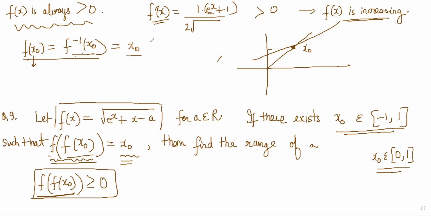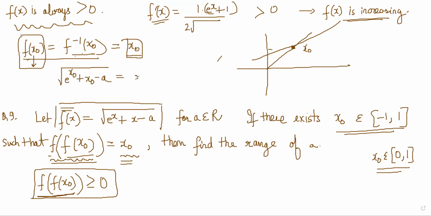Now, since you have this function definition, this becomes equal to x naught. So you'll say root over e^(x naught) + x naught - a = x naught.